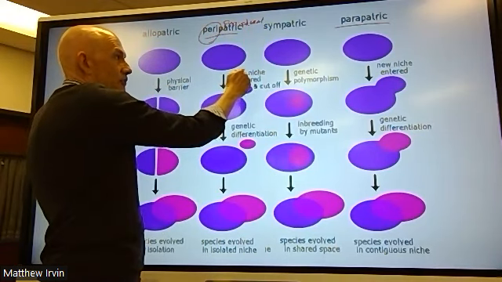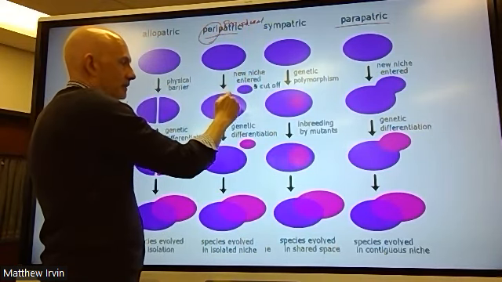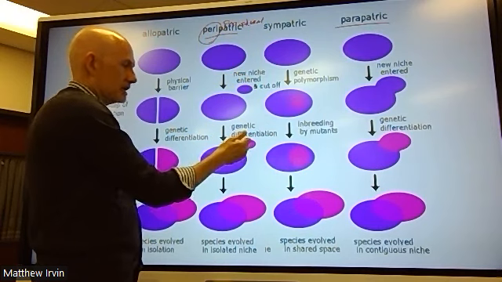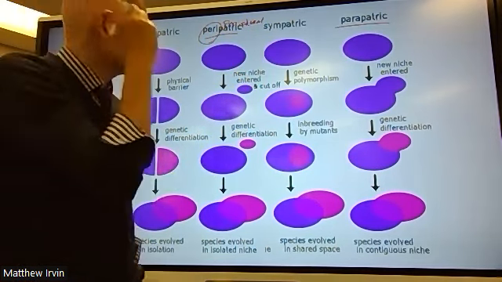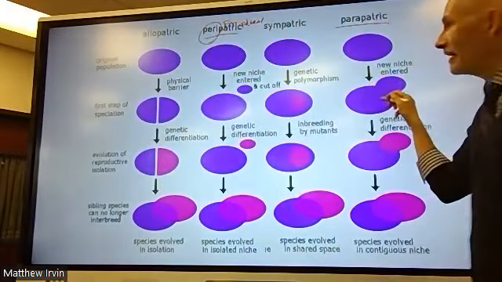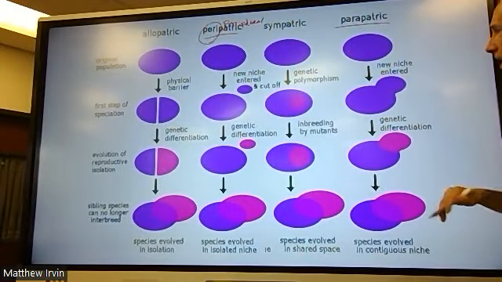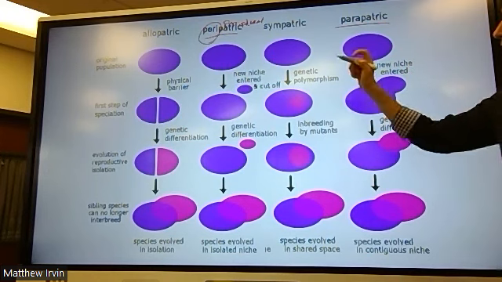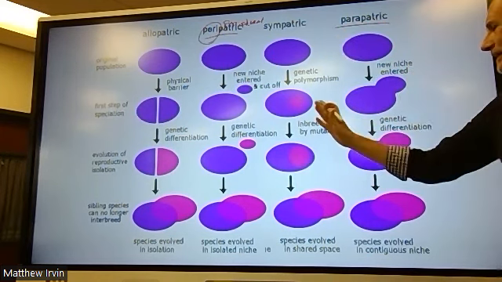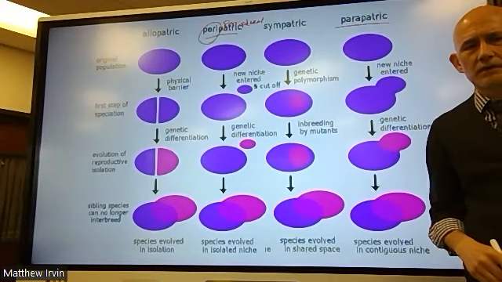So it's a slightly new niche on the edge of the main population. Then they get genetically diversified and become a different species. Same thing over here, parapatric. Kind of think of that as parallel or right next to. Both of those are basically the same thing.